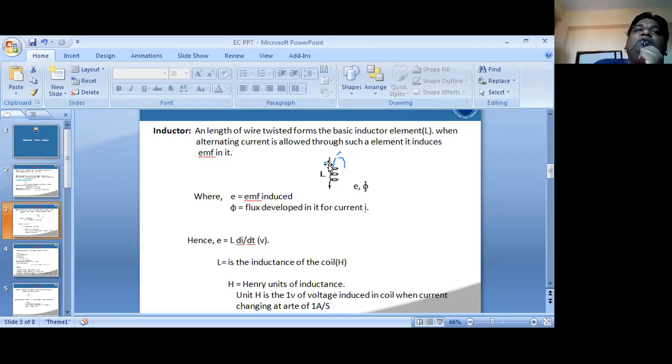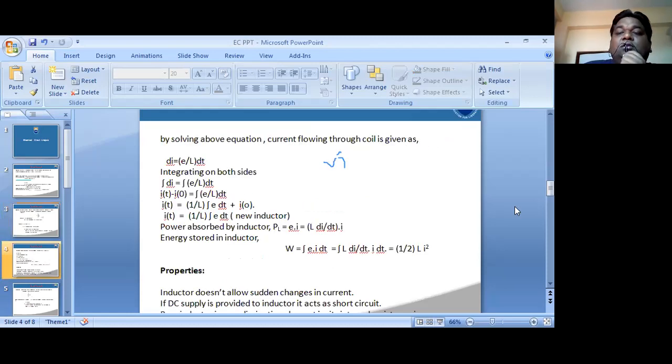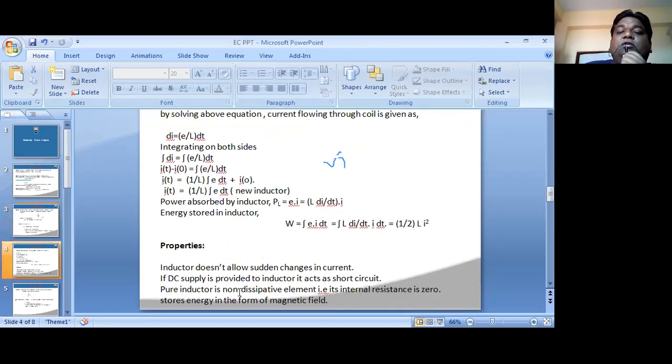In a pure inductor element there is no energy dissipation, whereas in a commercial inductor, as it possesses some resistance, there will always be some energy loss. Our third statement says the same thing: a pure inductor is a non-dissipative element because it has zero internal resistance. And from the starting, we are saying that an inductor stores energy in the form of a magnetic field. So these are the properties of the inductor element.